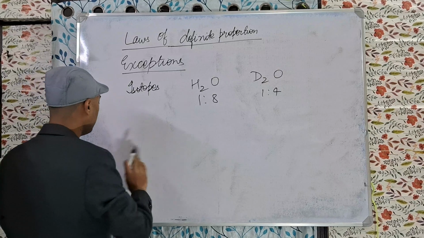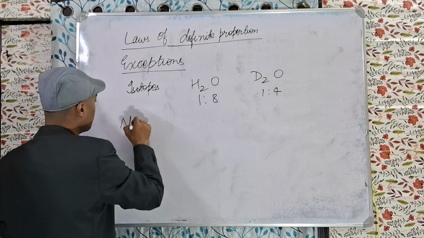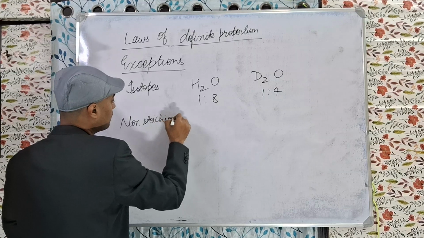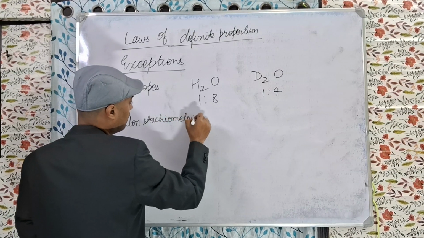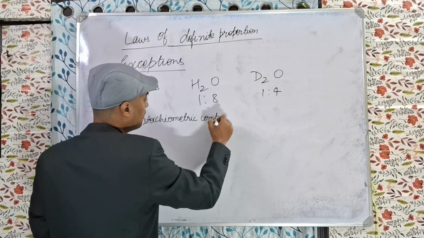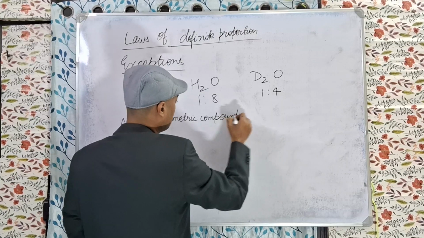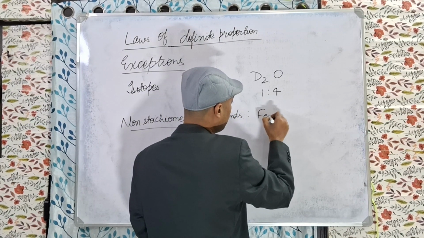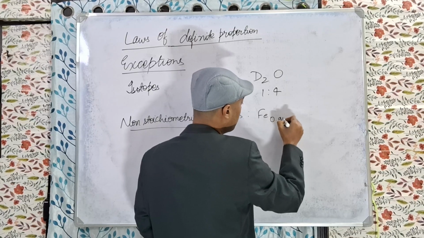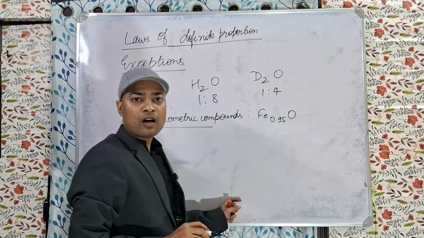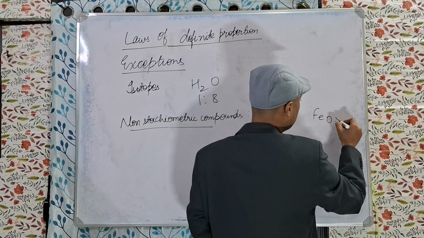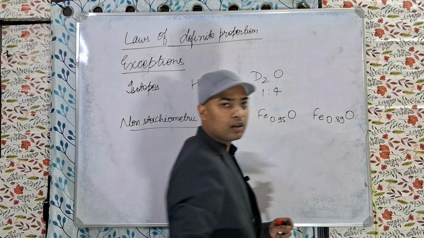Now, secondly, non-stoichiometric compounds. I have already told you the example, Fe0.95O. Now it can also be Fe0.89O.